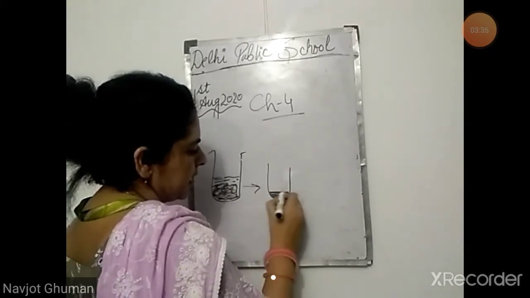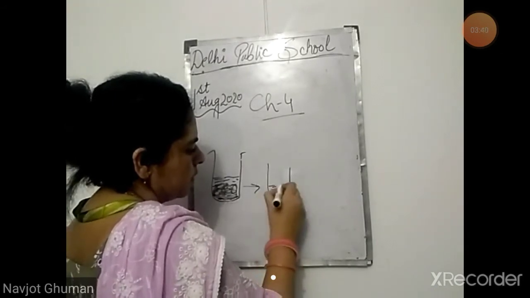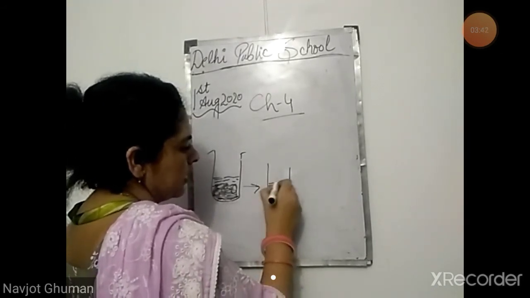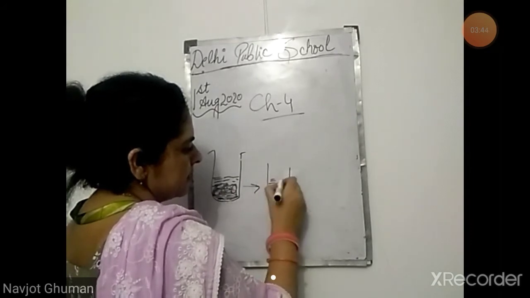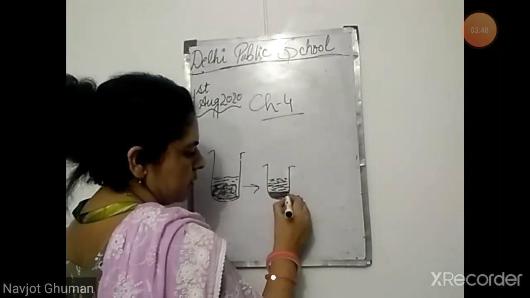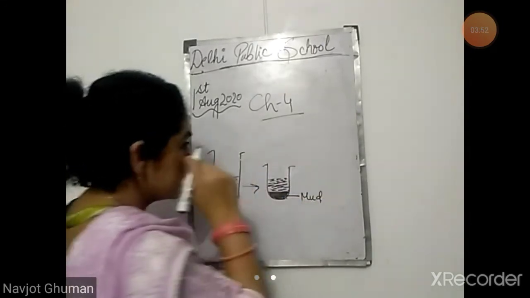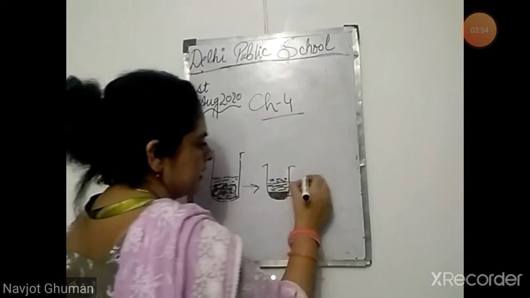It comes to the bottom and settles down. And the water goes up. The clear liquid comes up, and the insoluble substance comes down and settles at the bottom. Suppose here is mud, and here will be clear liquid.